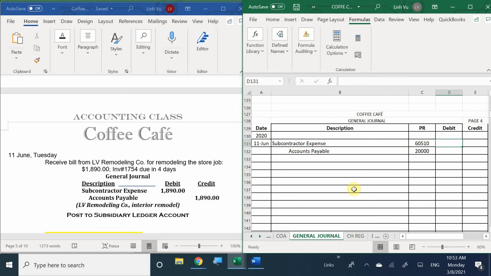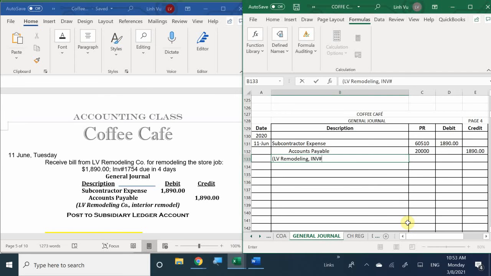And then lastly, for what amount did they bill us for? 1890. There you go. All right. Of course, we have all the information that we have here, right? We know exactly who. So this is LV Remodeling. We have the invoice.